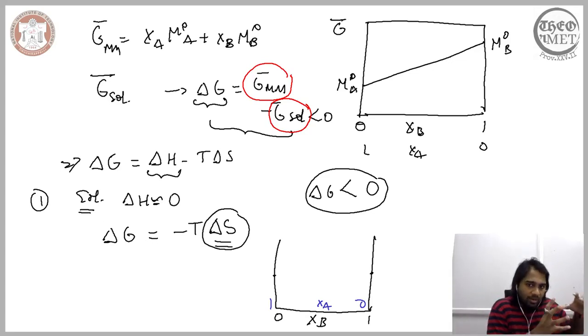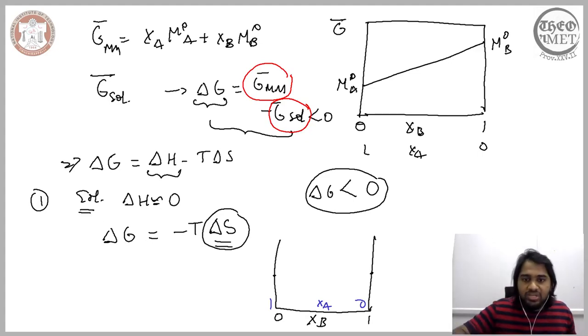When you have only one form of atoms present, the entropy will be at its lowest. Now as the impurity, as the other atoms begin to increase, the amount of randomness that can be introduced also increases.